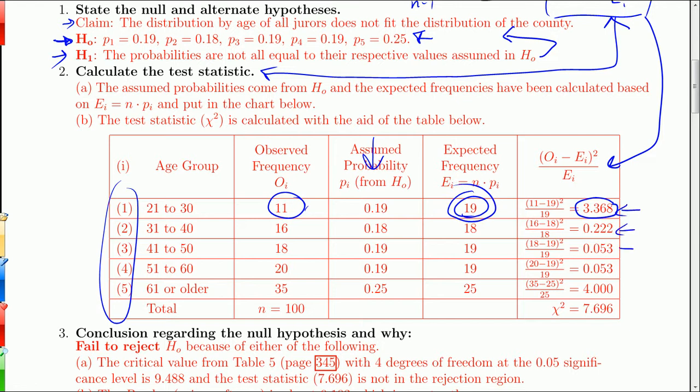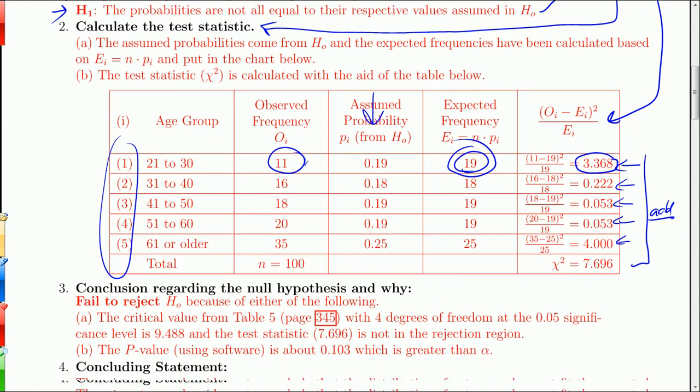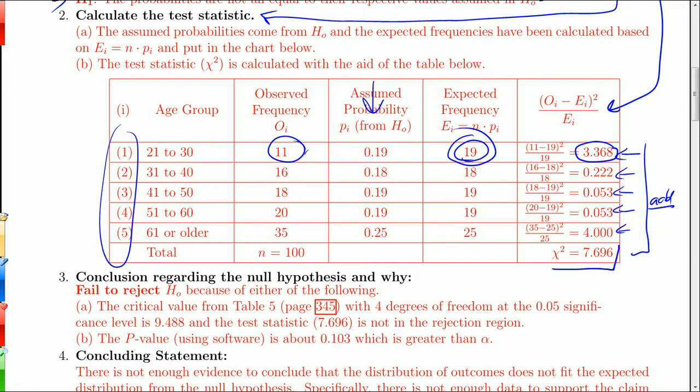Doing that in each row, I get these individual terms, and then I add them to get my test statistic. So my test statistic is a chi-squared value, 7.696. So do we reject or fail to reject the null hypothesis?